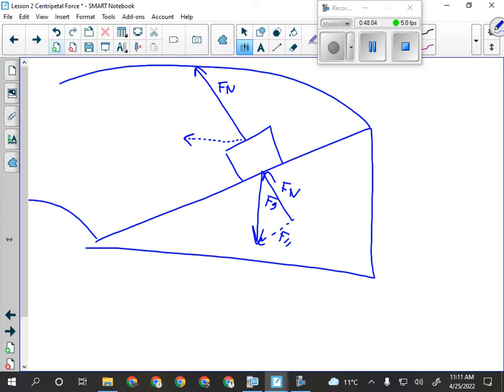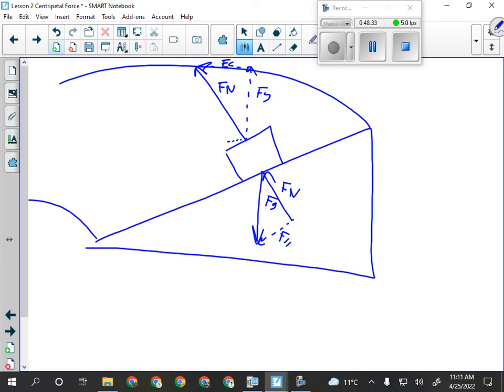And then there'd be gravity that would be this side of the triangle. I'm going to draw it the other way just so that it's on the top. So we would have this force of gravity, and we'd have this. This will actually be our centripetal force, because as I go around the corner, that vector is always going to be pointed towards the middle.